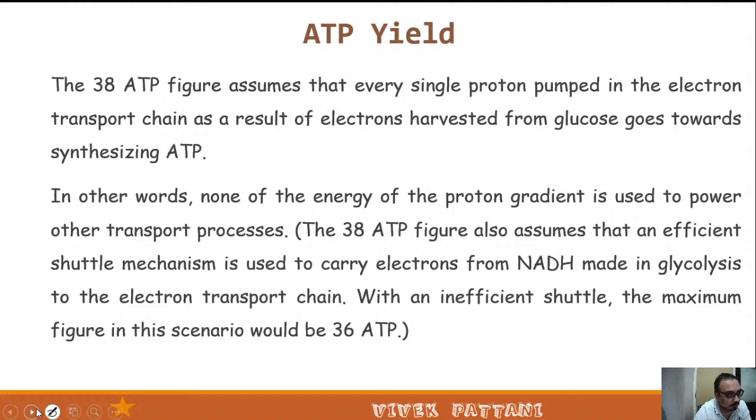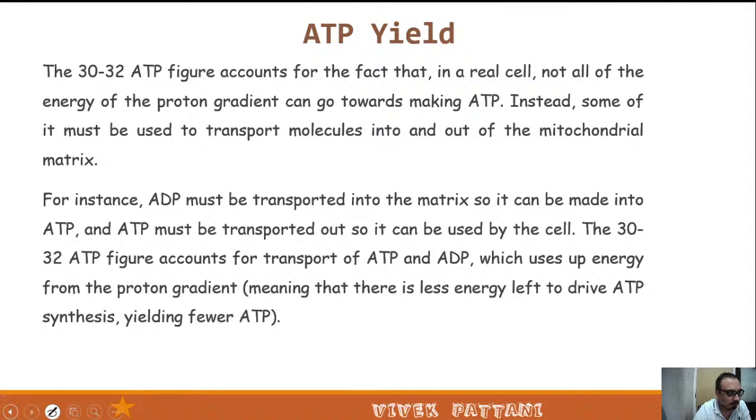Why? The reason is very simple. In the mitochondrial membrane, the proton gradient also needs some power in order to transport protons. There may be some system which helps to transport protons, which helps in a higher generation of ATPs.